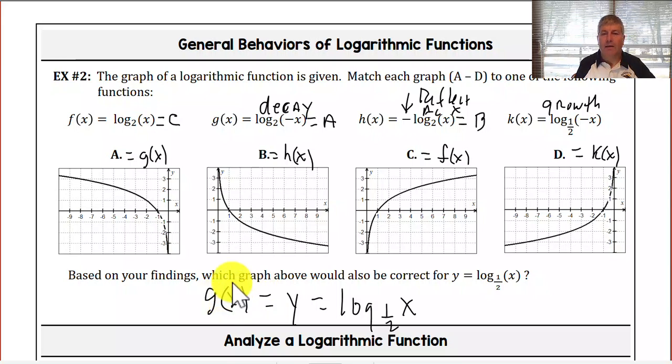And I think I said, I did say graph B, but graph B is not g of x. Graph B is h of x. So let's go ahead and correct that. So h of x, the opposite of log base 2 of x, is equal to log base 1/2 of x.